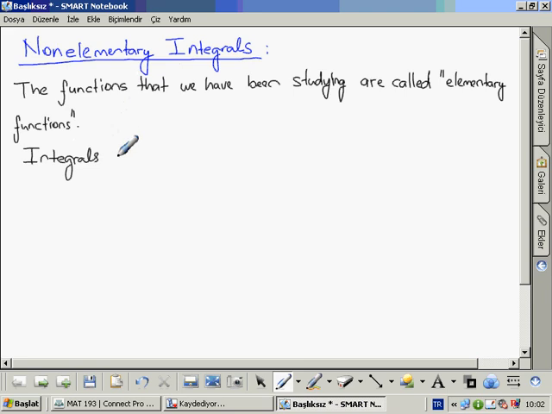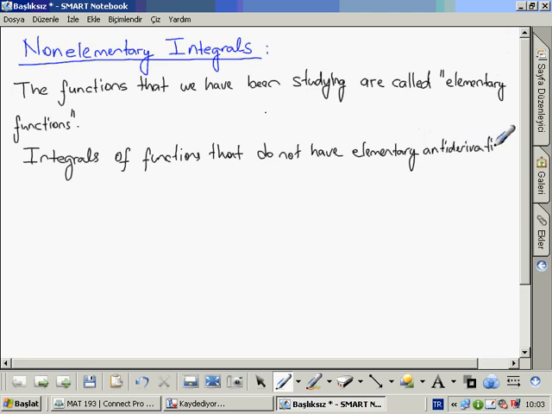Integrals of functions that do not have elementary antiderivatives are called non-elementary integrals.